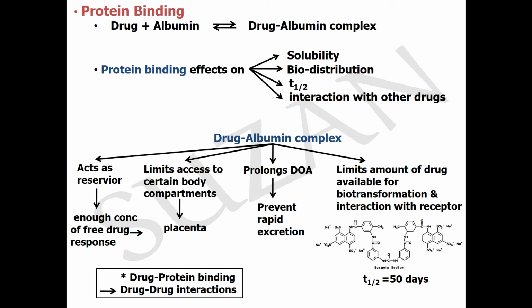This remains in the body in the protein-bound form for a long time. The half-life of this compound is 50 days, and therefore it remains in the protein-bound form for several months in the body.